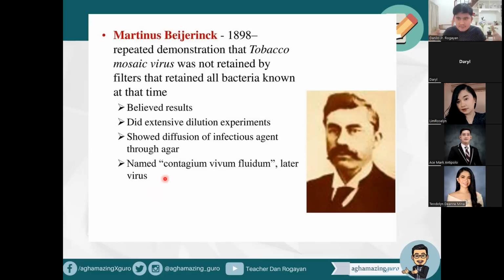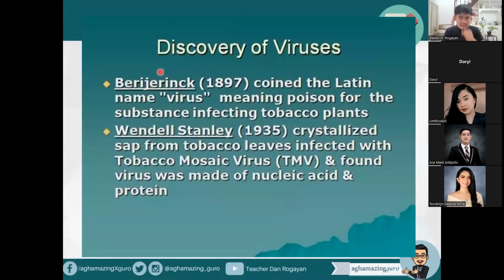So ang very old name ng virus noon is Contagium vivum fluidum. Okay? So, anong ginamit? Yung tobacco. Tinry nilang i-demonstrate yung tobacco mosaic virus ni Beijerinck. Kaya, si Beijerinck ang nag-term ng Latin name na virus, meaning poison for the substance infecting tobacco.